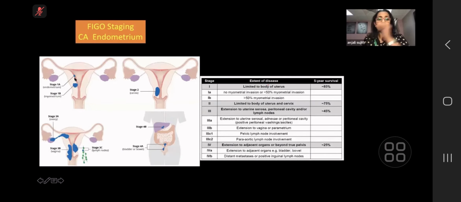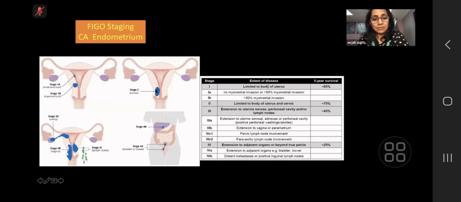This differentiation is important. It's because myometrial invasion is a very good predictor of patient prognosis. So it is a very reliable index of lymphatic spread. And so regarding patient prognosis, the stage differentiation between stage 1A and 1B has got importance.